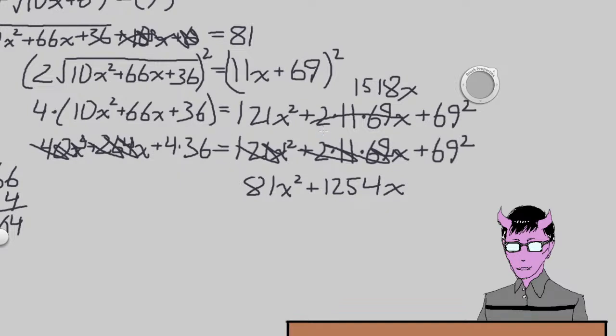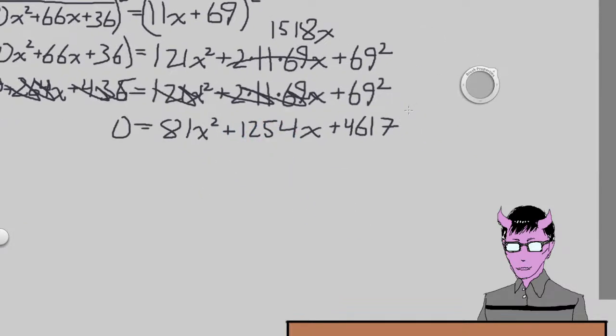So we're going to first square that nice number. So 69 times 69. And then we're going to subtract this one from both sides. So minus 4 times 36. That gives us a whopping 4,617. 4,617. Yikes. Equals 0. Okay.